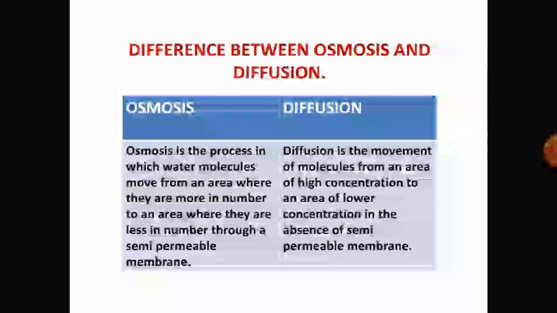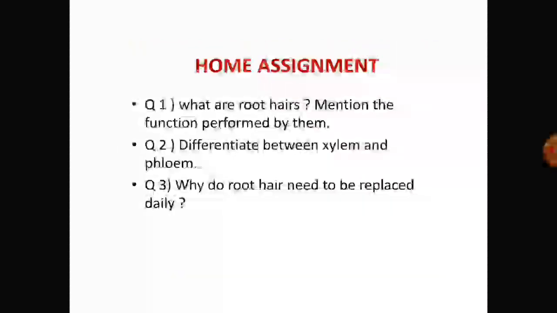I repeat, osmosis is the process in which water molecules move from an area where they are more in number to an area where they are less in number through a semi-permeable membrane. So, osmosis takes place through a semi-permeable membrane, and diffusion is the movement of molecules from an area of higher concentration to an area of lower concentration in absence of a semi-permeable membrane.